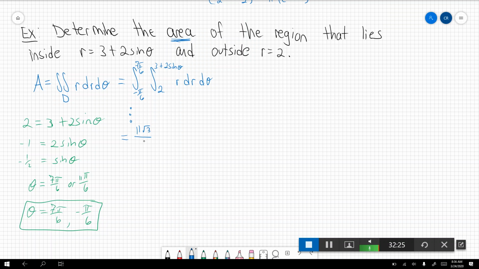So this is going to be 11√3/2 + 14π/3. And that's the answer I want. So take some time, work on that integral and make sure that you get to this exact result. All right. Now, let's work on a different type of problem.